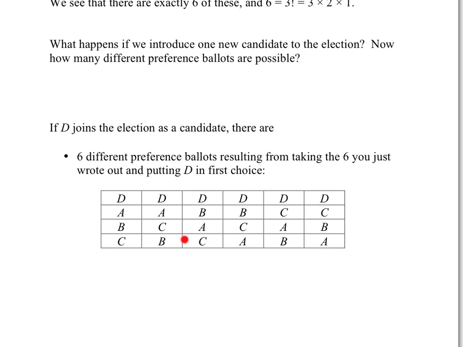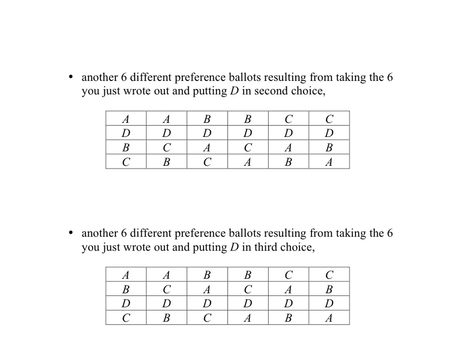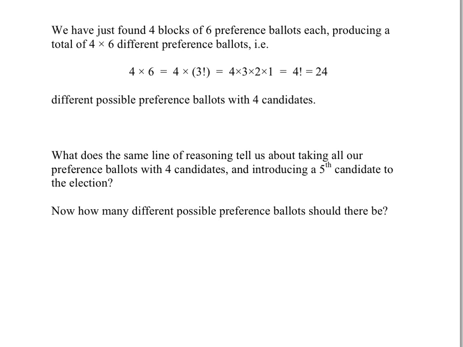In other words, take that block of 6 different preference ballots that have just 3 candidates, A, B, and C, and we get a bunch of 4 candidate preference ballots where D is in first choice all across the board. Well, there's no reason D has to be only first choice. We also get another block of 6 preference ballots, this time with D inserted in second choice. What just happened?